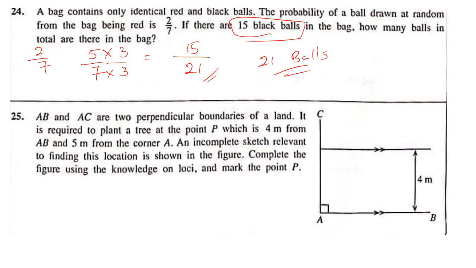So AB and AC are two perpendicular boundaries of a land. It is required to plant a tree at the point P, which is 4 meters from AB and 5 meters from the corner A. An incomplete sketch relevant to finding this location is shown in the figure.